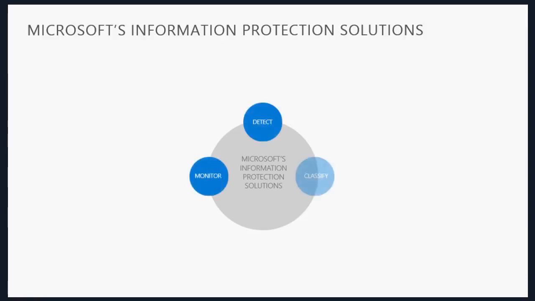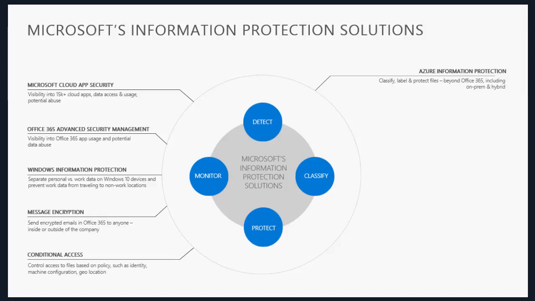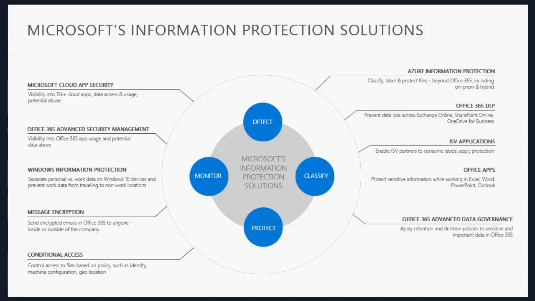Here, this is more of a definitive enumerated list of where certain capabilities fall in those four pillars. You can see that we have a number of technologies that cover a number of different use cases that work in the different parts of this data lifecycle. So not only from detecting and classifying, but from protecting and monitoring.